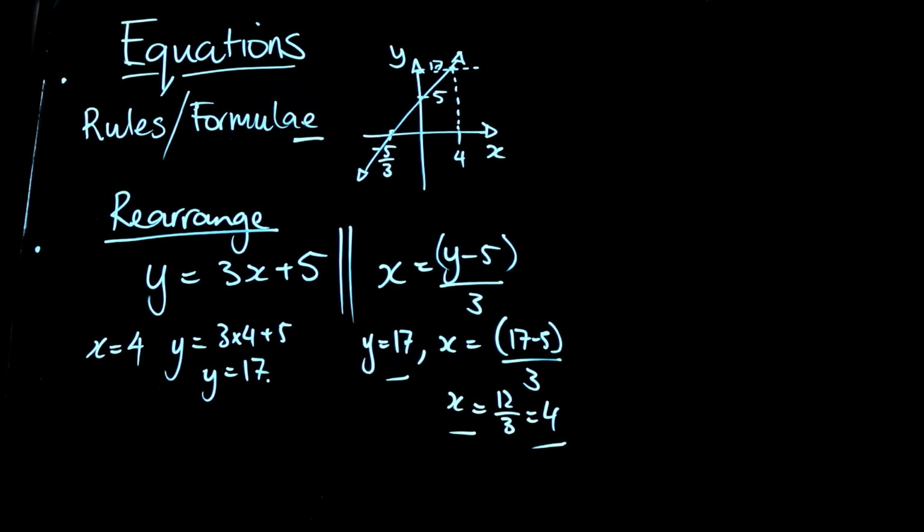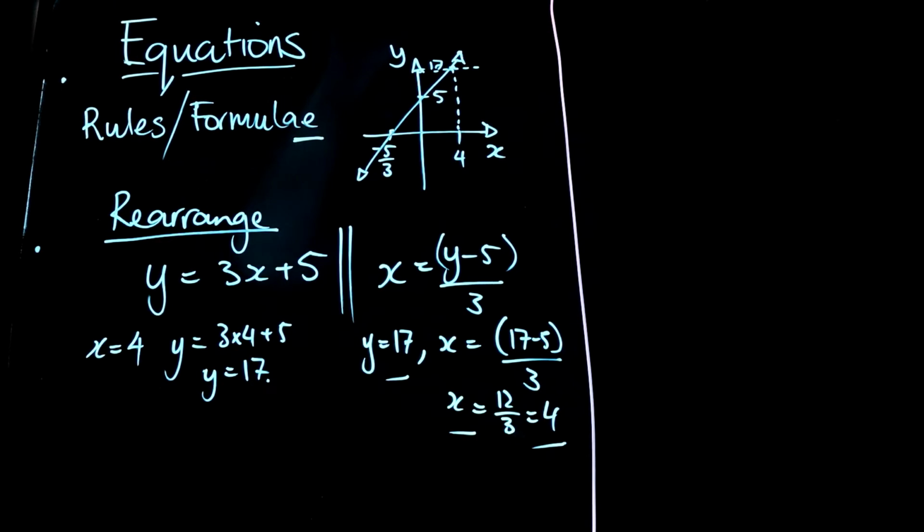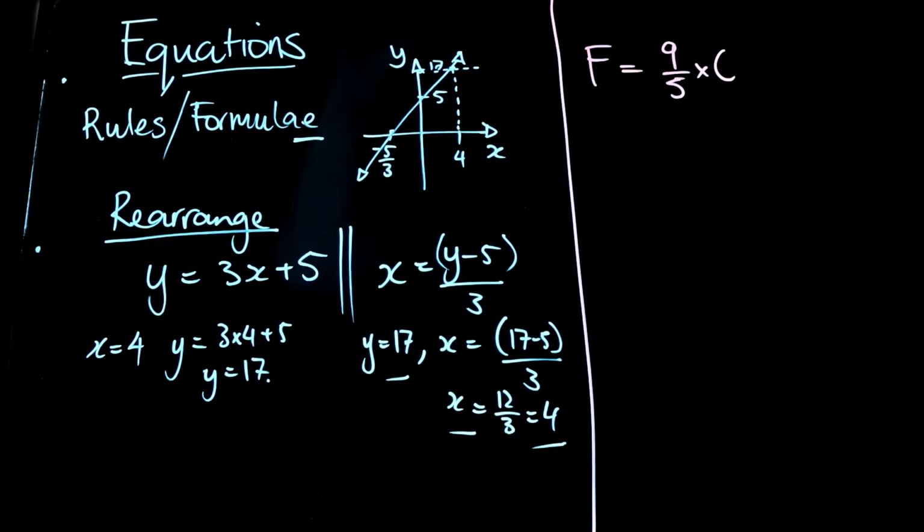I've got a bit of room on the board here, and I know I've covered this before, but you always see questions like this where you have the formula for the change in degrees between the Fahrenheit and the Celsius scale.